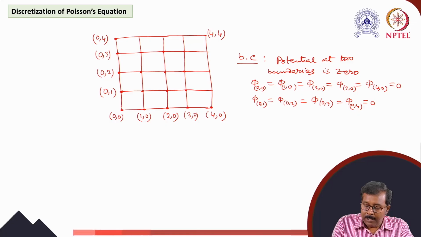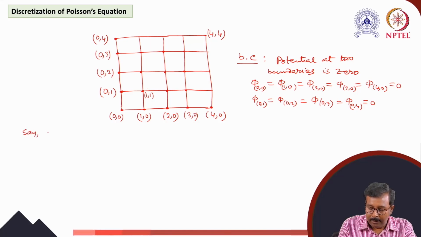So this point, suppose this is 1 1, and if we would like to write the Poisson equation at this point, say this is ij, this ij point is 1 1. So what will be the phi ij?